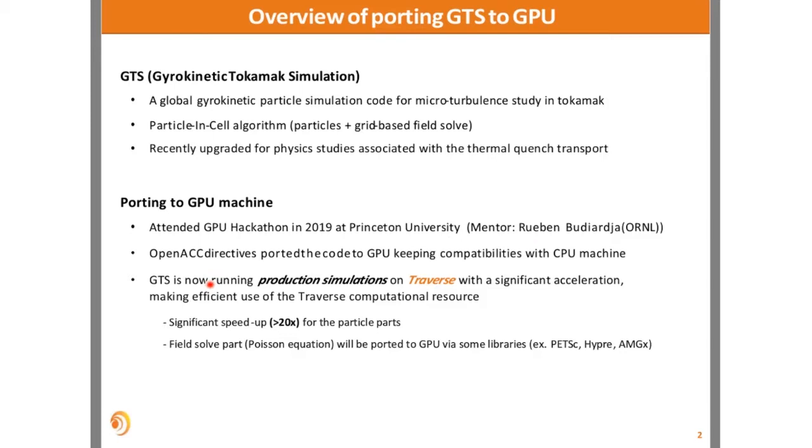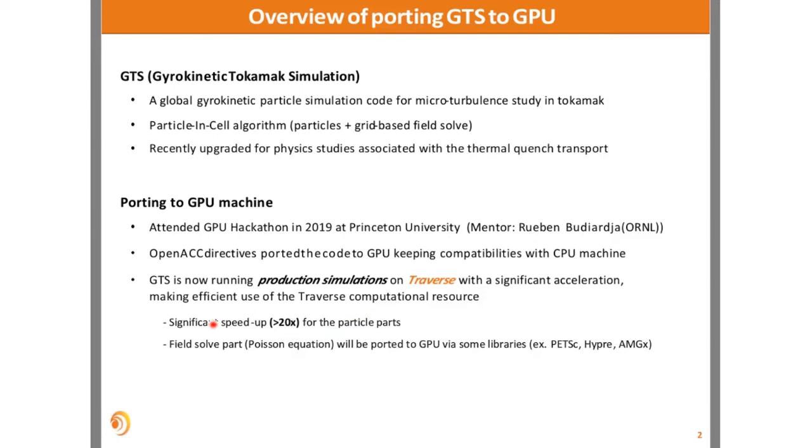As a result, we are now running production simulations on the GPU machine called Traverse at Princeton University, with significant acceleration, especially for the particle part. We get over 20x for the particle parts.